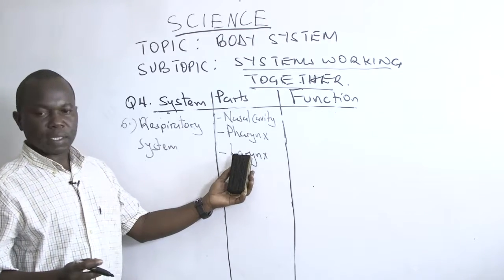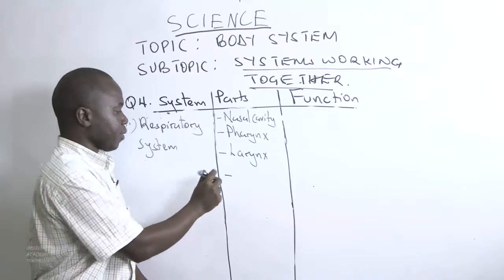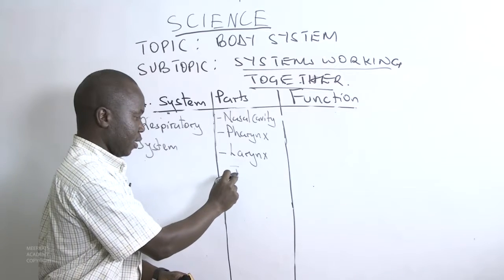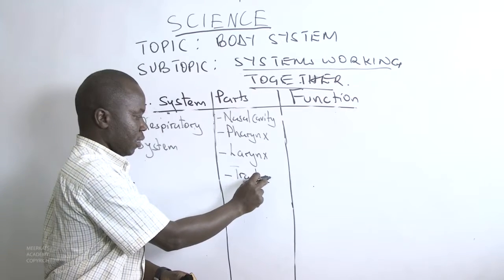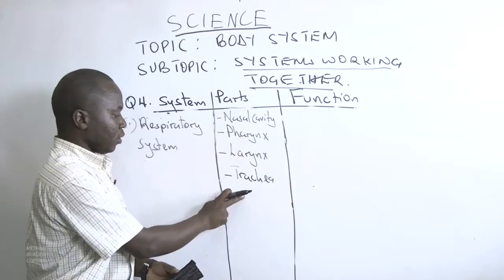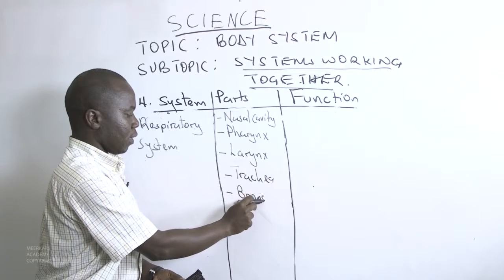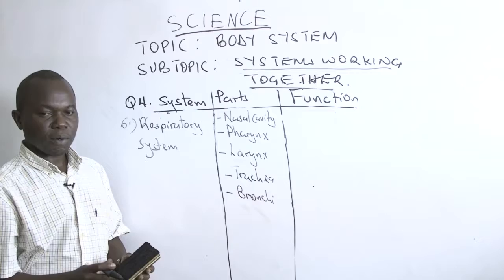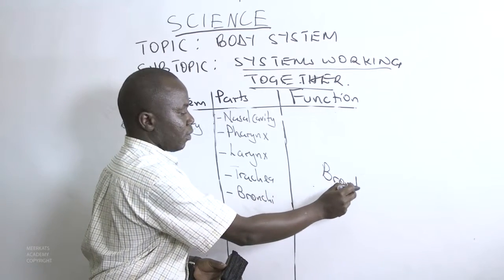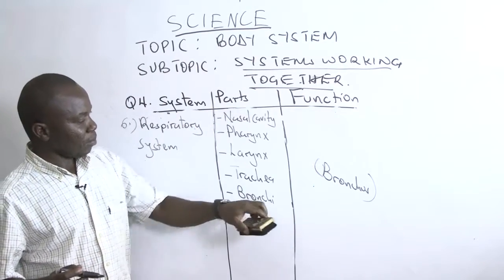Remember, we said the larynx is also called the voice box, the one that produces sound, but it is the one that opens to the trachea. And then the trachea branches into two, called the bronchi. Singular form is bronchus, plural form is bronchi.